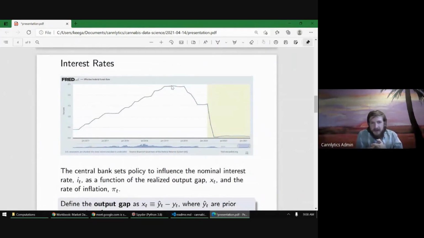However, as they raise the interest rate, it puts the brakes on the economy. And whenever there's a recession, they drop the interest rate to try to stimulate growth.